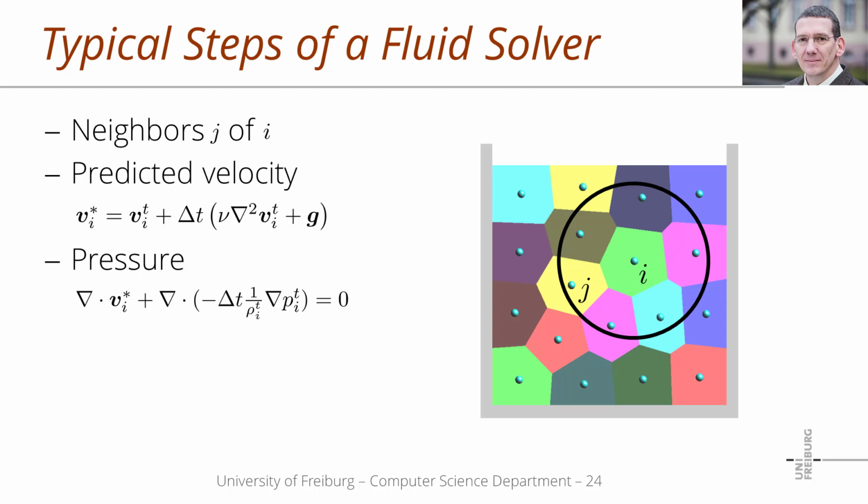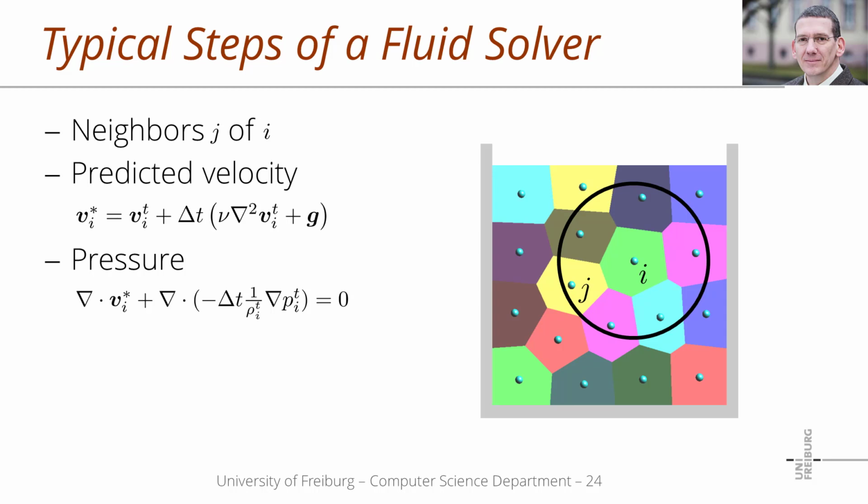So in order to enforce the constraint and in order to compute pressure, we consider this equation at each particle. In this equation, v star is our predicted velocity and p is our unknown pressure. And this equation states that we would like to find pressure such that the divergence of the velocity change due to the pressure acceleration cancels the divergence of the predicted velocity.